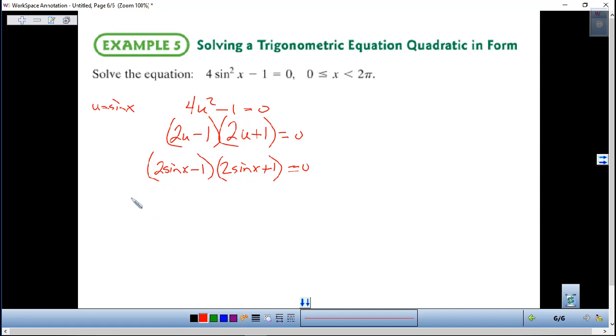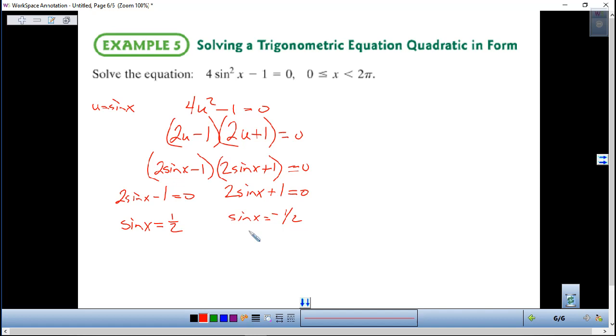Once again, take each one of these, set it equal to 0, and then just solve for the sine x. Isolate your trig function. So I'm going to move the 1 over and divide by 2. So I'm going to have sine x for the first one equals 1/2. Second one, move it over, get a -1, so I'm going to end up with sine x equals -1/2.